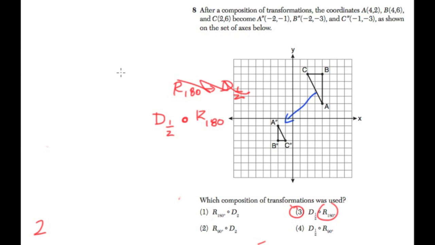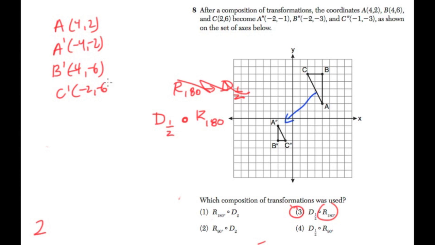So if it's R 180, I believe you're just going to make both values negative, right? So if A is 4, 2, then A after the rotation of 180 is going to be -4, -2, and then B prime is going to be -4, -6, C prime is going to be -2, -6, cool, and then dilation of 1/2.